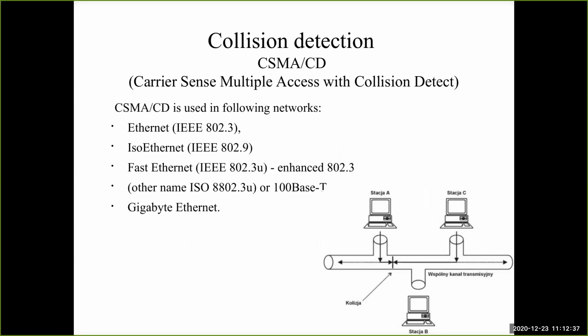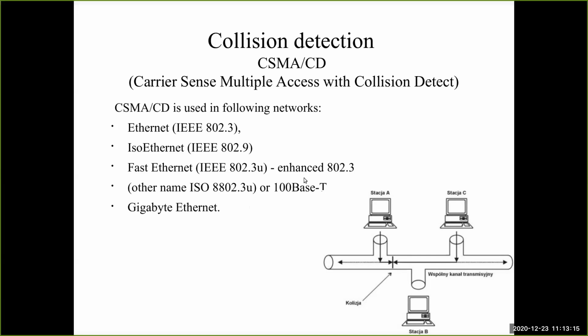But now I'd like to tell you something about collision detection, because in the data link layer, the collision detection method is applied. I told you about the collision avoidance method. Now I'd like to tell you how collision detection works. So in computer networks, when we have many devices which share a particular network, in this network only a single device can send data at the same time.